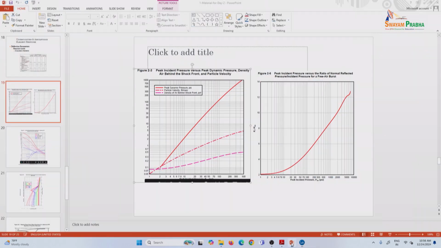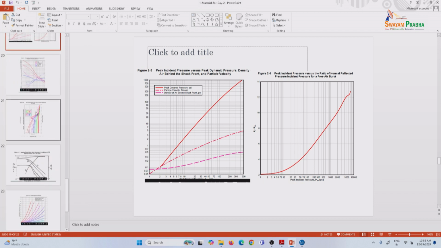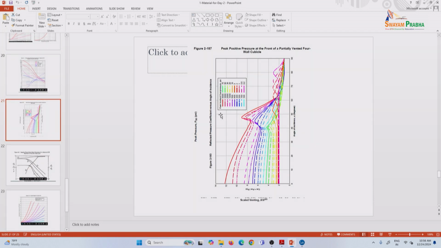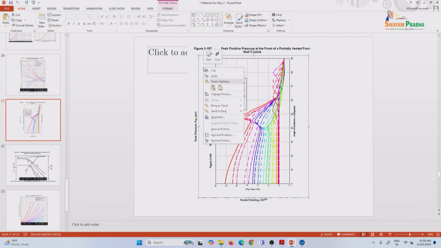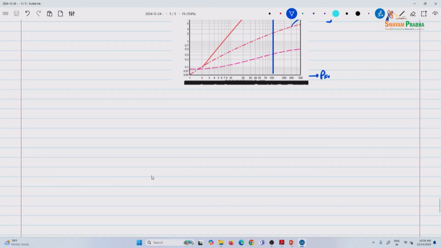One more thing, and maybe we can take a break. If you see how complex it can get for vented type, let me paste it.